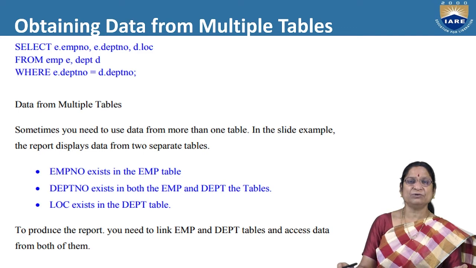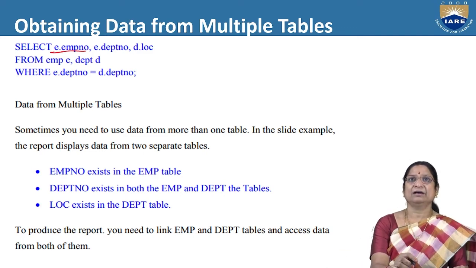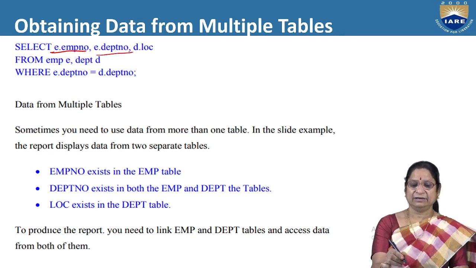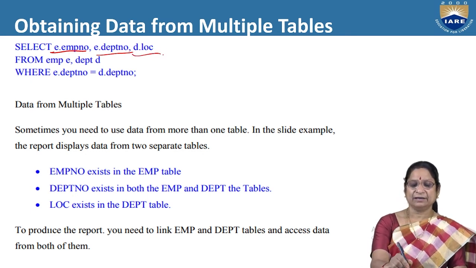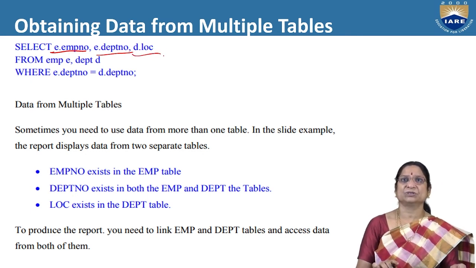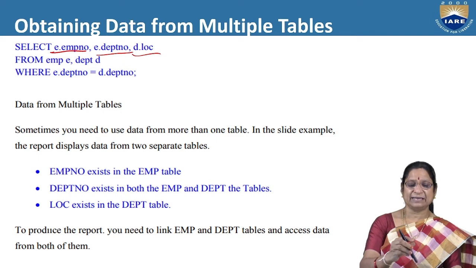Instead, you could use EMP dot EMP number or DEPT dot department number, similarly DEPT dot location. But instead of writing that lengthy table name every time, we are using alias names.